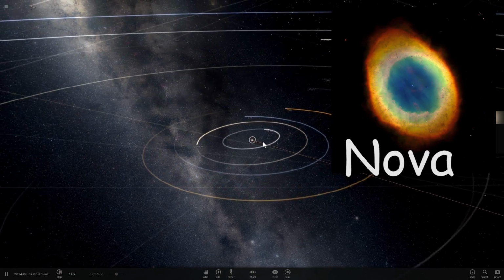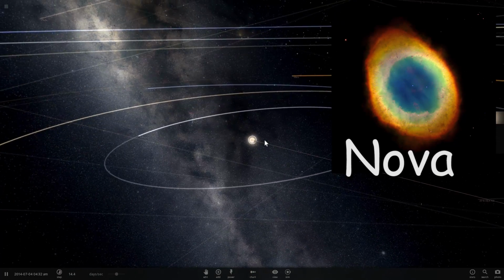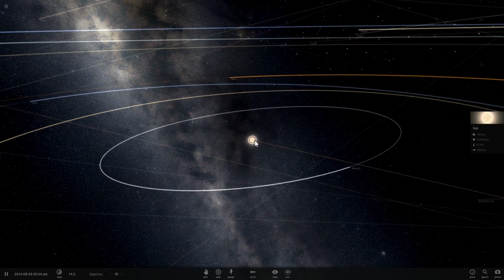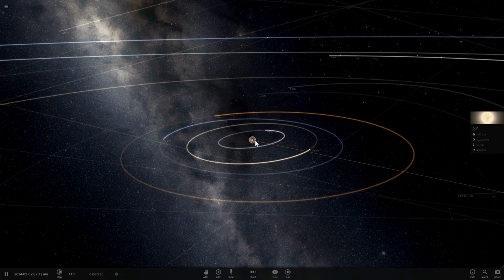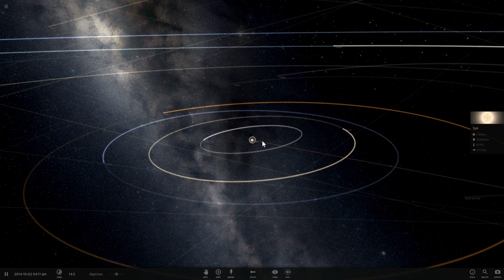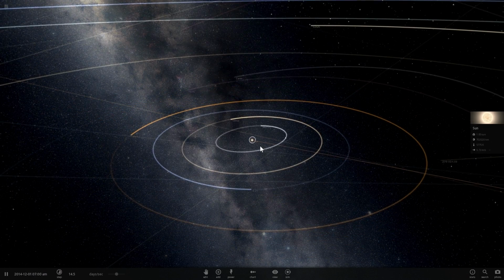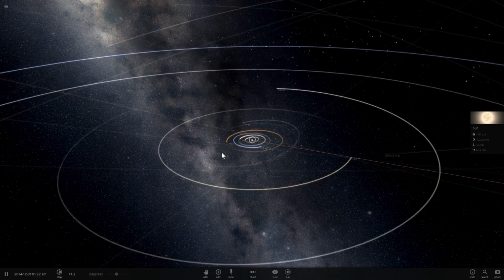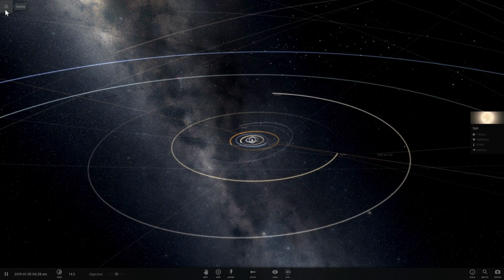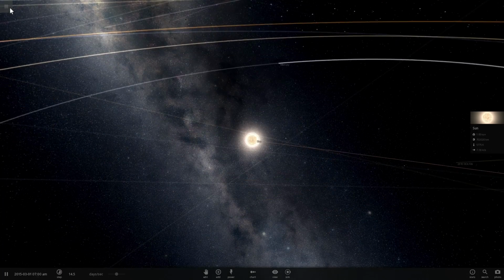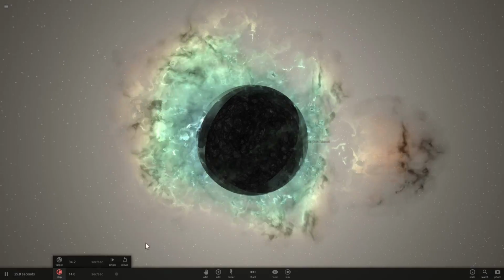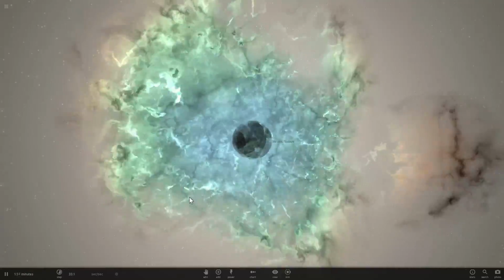There's unfortunately no way to simulate this in the game yet, but basically it will release about half of its mass as a kind of solar wind. It will not be that dangerous. It will not kill anyone if it does happen. But a lot of its mass will fly into the outer system, and let's see if we can possibly do this just using supernova. So it may look kind of like this, but it may also look completely different.